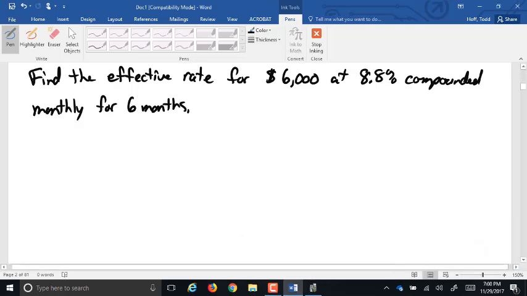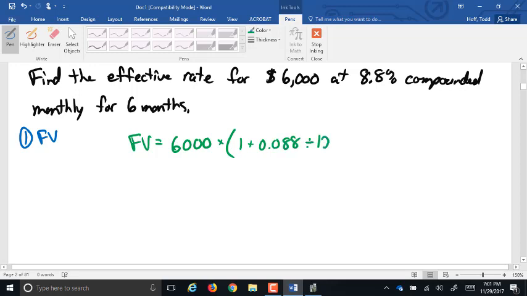I'll give you guys a couple minutes. So step one is to find the future value. So that'd be 6,000 times 1 plus 0.088 divided by 12 to the power of, it'll be 6.